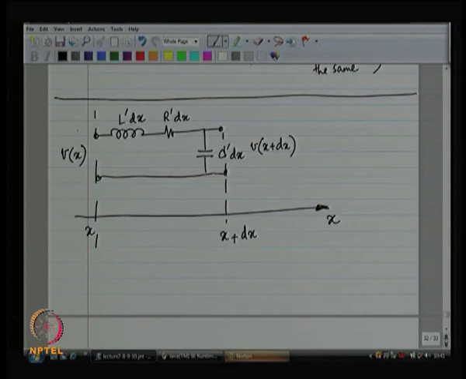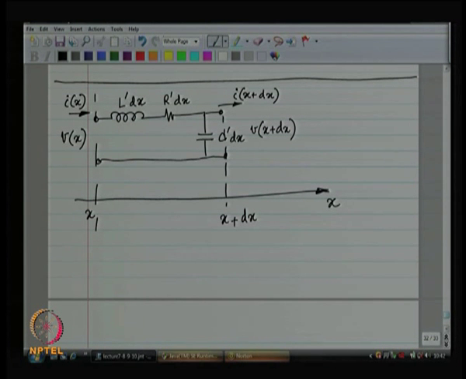Also, let us assume that the current going in is I of x over here, and the current coming out is I of x plus dx. Now, these quantities are almost equal, but let us develop some kind of an equation relating them.